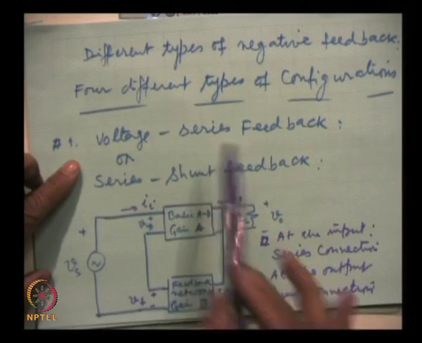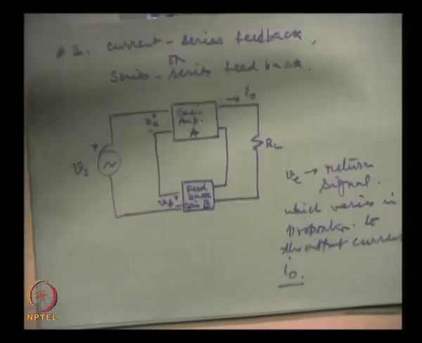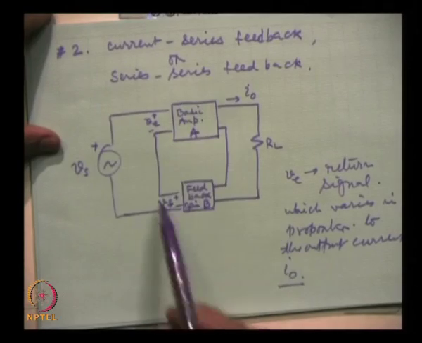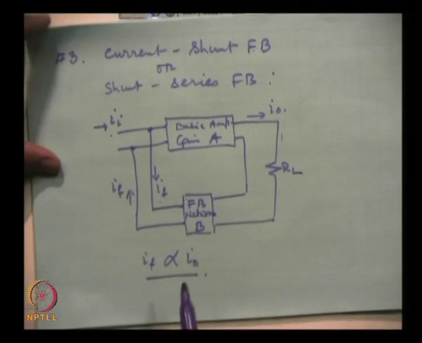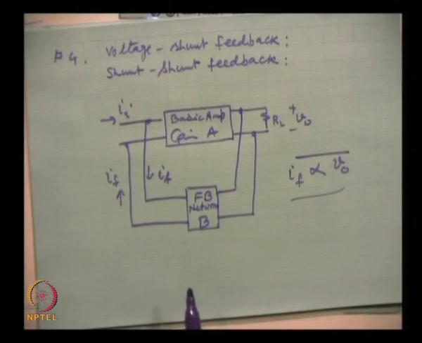Voltage series feedback, current series feedback, current shunt feedback, and the fourth one is voltage shunt feedback. So, 2 possibilities with current, series and shunt, and 2 possibilities with voltage, shunt and series.